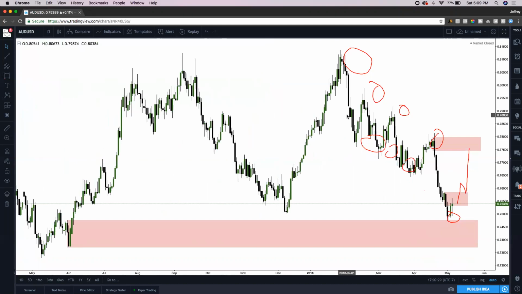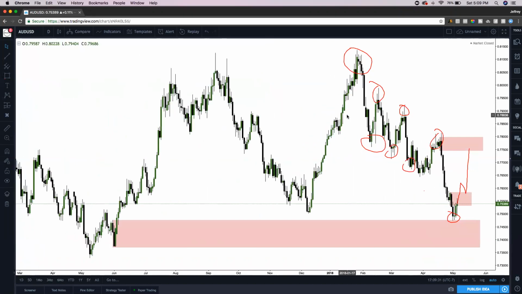It's just that for my specific style of trading and strategy, I don't particularly need an EMA to help me determine the trend of the market. I simply look and see what structure is telling me. So what's happening? Is it forming lower highs? Is it forming higher lows? What type of price action am I getting? And then I just go from there.